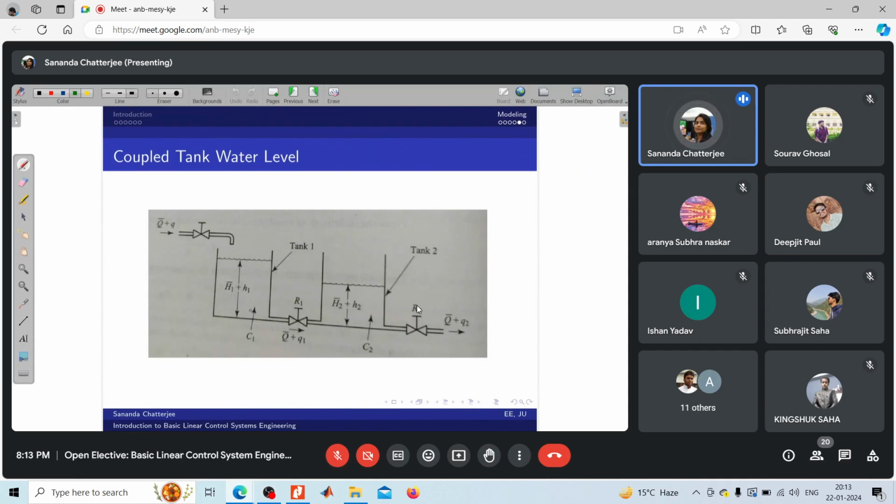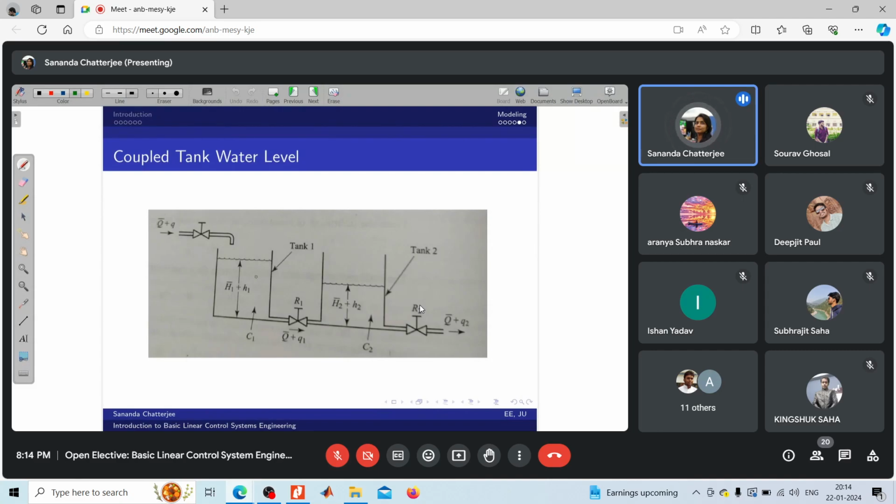Then water flows from the first tank to the second one through this valve, the resistance of which is R1. And from the second tank itself, the outflow is q bar plus q2. And we are trying to control the height of this second tank, say for instance.